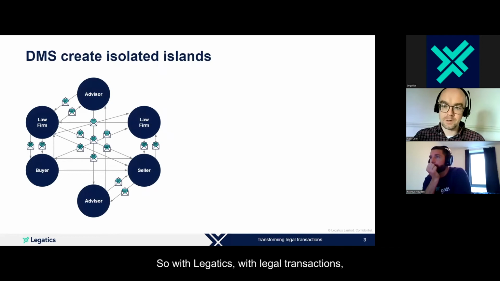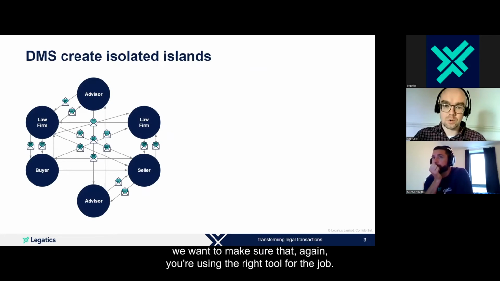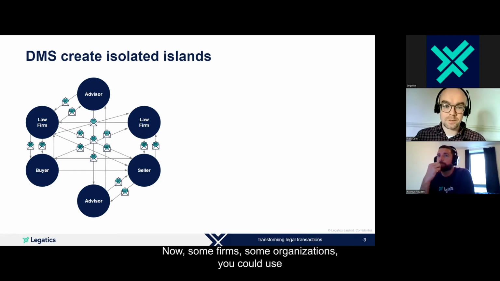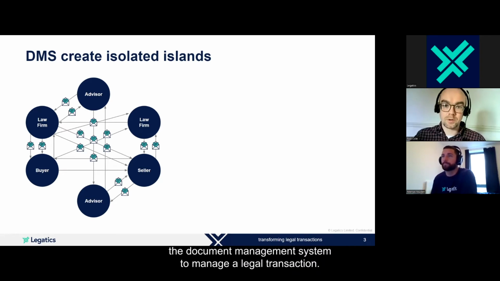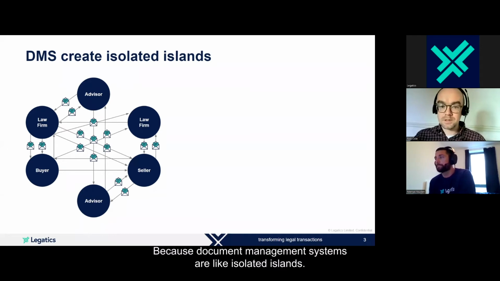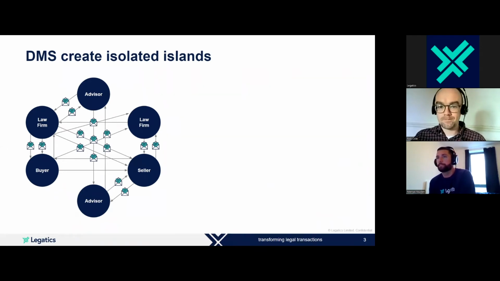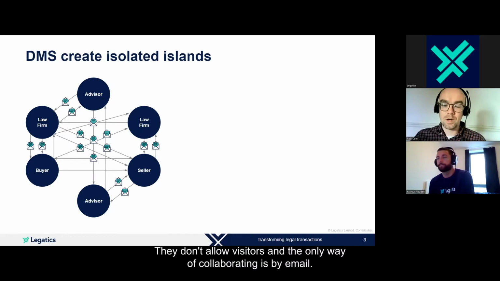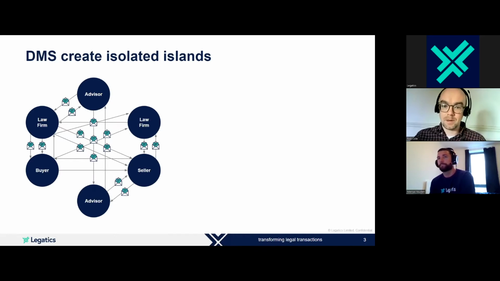So with Legatics, for legal transactions, we want to make sure that you're using the right tool for the job. Now, for some firms, for some organizations, you could use a document management system to manage a legal transaction. But again, it's not the right tool for the job. Why? Because document management systems are like isolated islands. They don't allow visitors, and the only way of collaborating is via email.